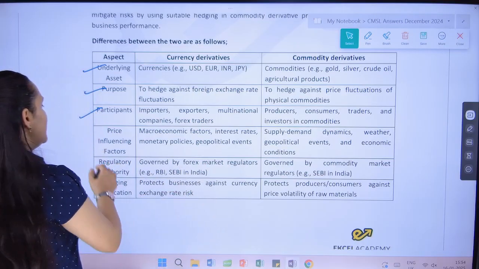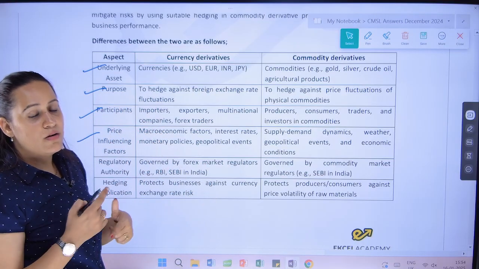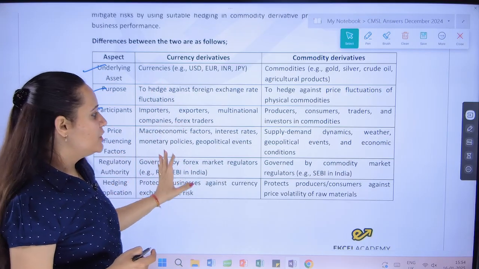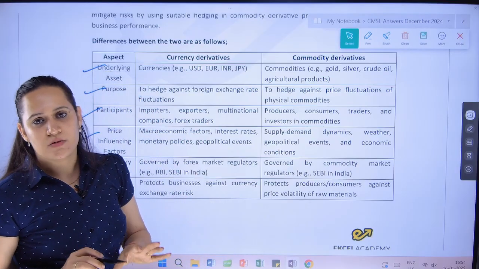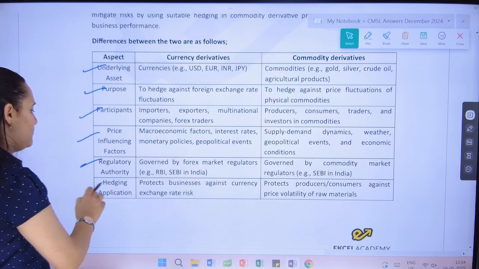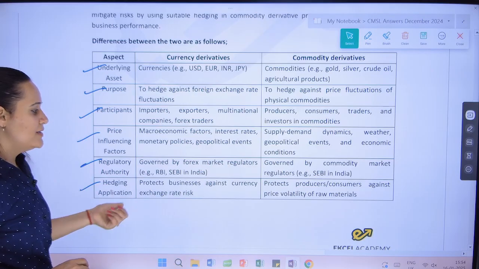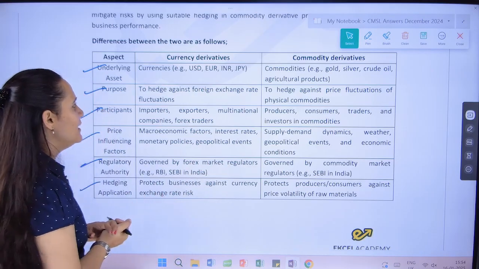Price influencing factors, again it is geopolitical because it is global, things are going to impact the currency fluctuation. Here in commodity derivative, along with the global factors, even the supply demand mechanism is going to have an impact. Regulatory authority, both SEBI. Hedging application, again it is against currency exchange rate fluctuation, and for price volatility in the commodity derivatives.